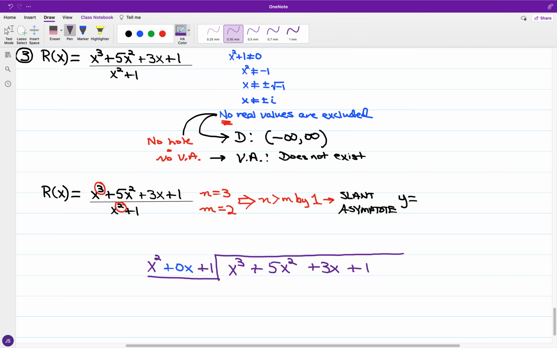Okay, so looking at the leading terms, if I take x squared into x cubed, going x times, and distributing, we have x cubed, x times 0 is 0x squared, again this is for placeholder purposes, and plus x.